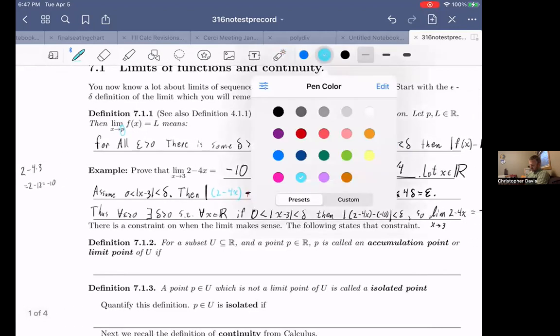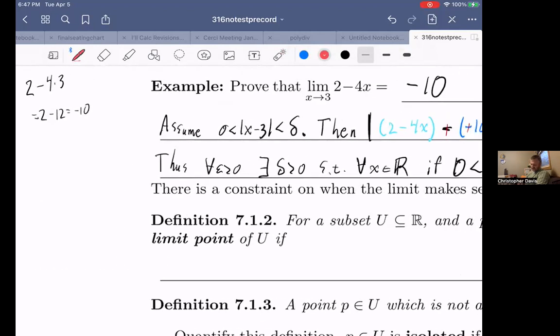I mean, this isn't going to be a terribly informative sentence.